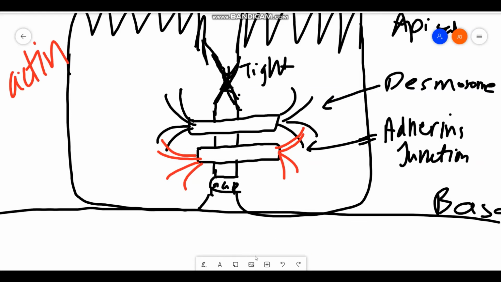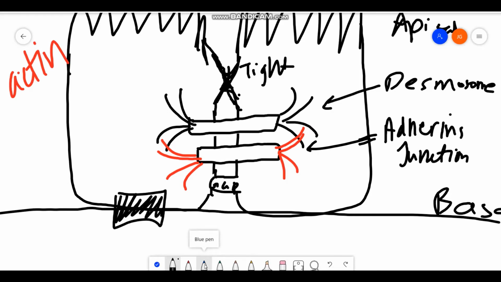There are two other important kinds of anchoring junctions, and these are going to be your junctions that anchor your cells down to a base. So rather than anchoring two cells to one another, it's going to anchor one layer of cells to another, so your basal side. And I'm going to have one here, and this one is actin based.